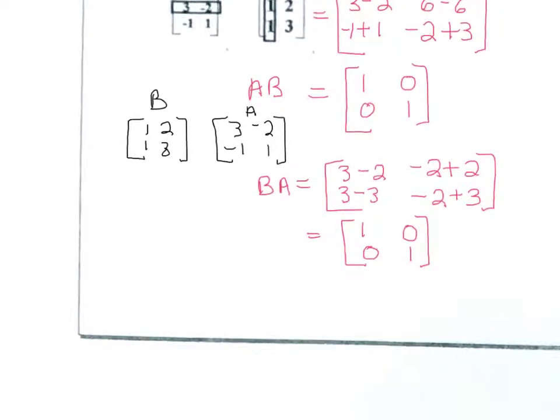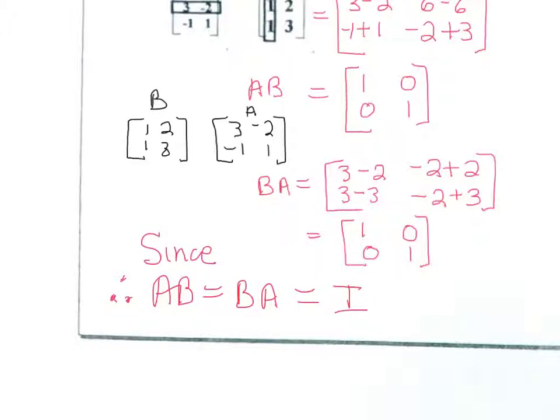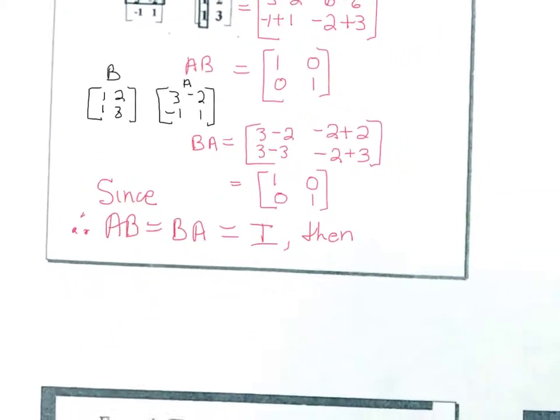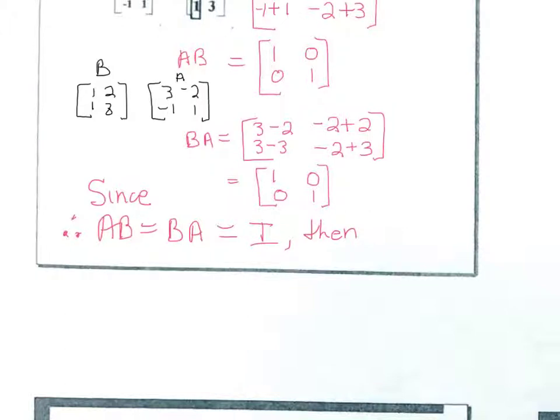Yes. So what you need to put at the conclusion is, therefore, AB equals BA, and that is equal to the identity. Since this is equal to the identity, then A and B are inverses of each other.